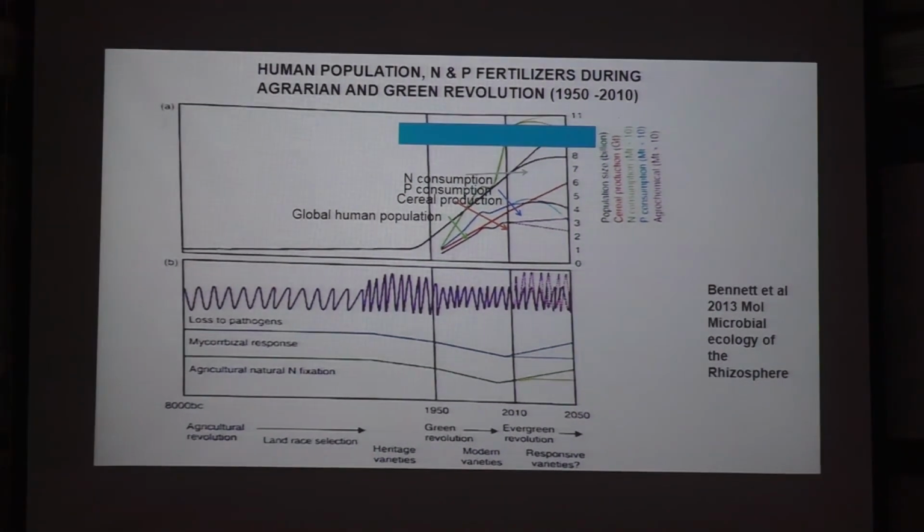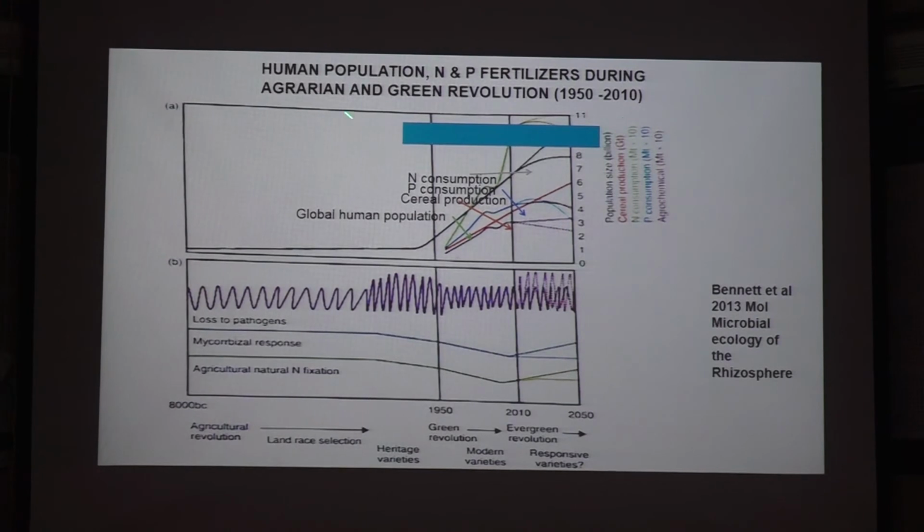Now, before I go further, let me give you a beautiful summary of what has happened in the last 10,000 years, or 8,000 before Christ. When agriculture started traditionally, what happened? You get a definite level of yield, but every year there is always some loss.